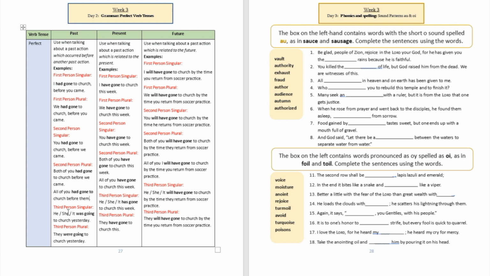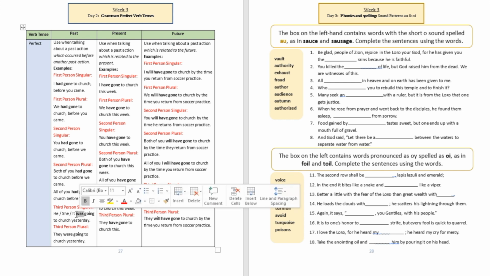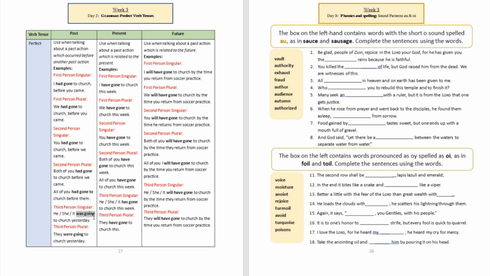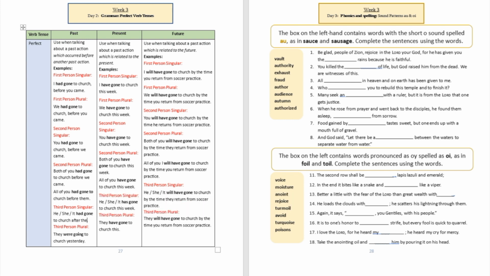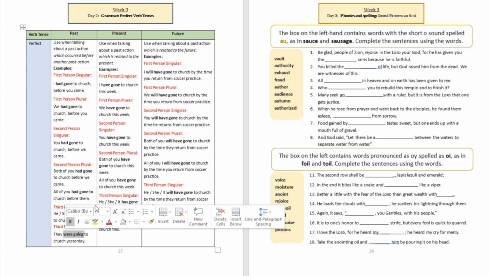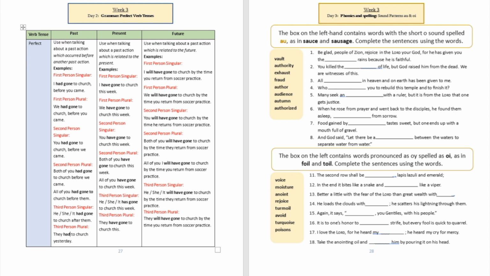All right. Third person singular, he or she had gone to church. So that's going to be he or she had gone to church after them. Or third person plural is going to be, they had gone to church.